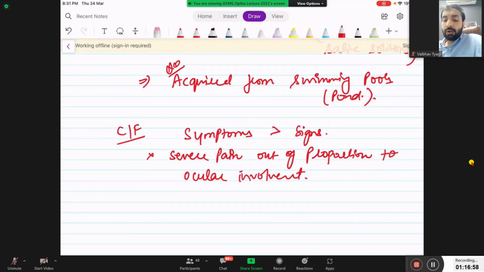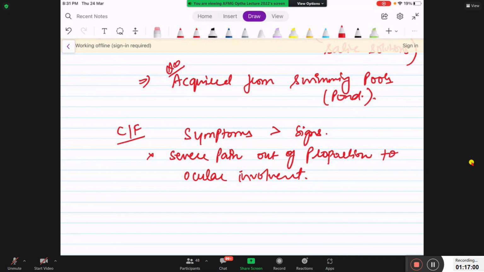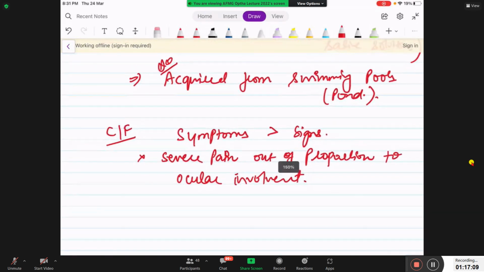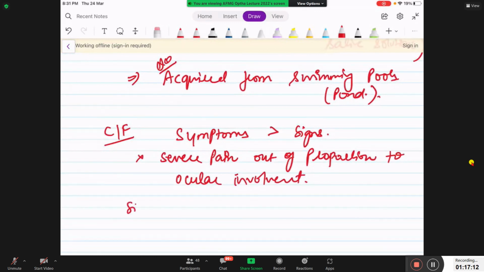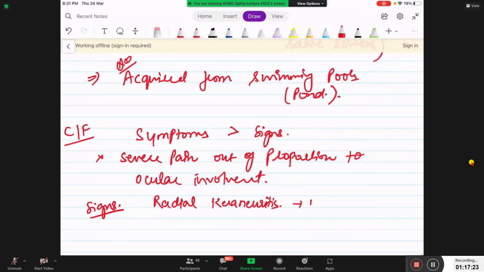It is causing neuropathy, so the pain is out of proportion to your ocular involvement. Clear? And that involvement of the nerve is called, write down, signs: it causes radial keratoneuritis. It gives you perineural infiltrates.